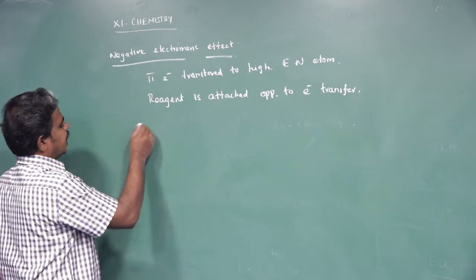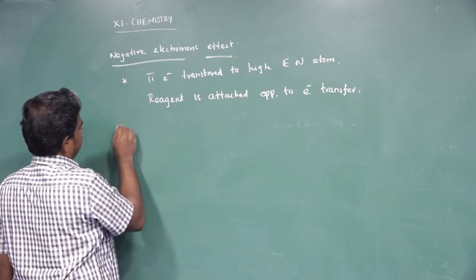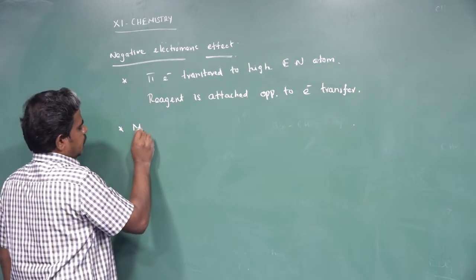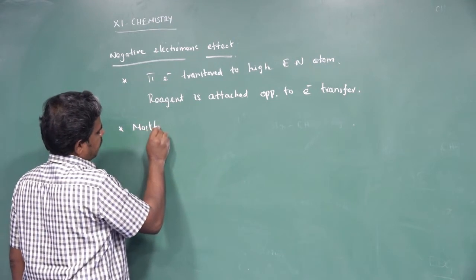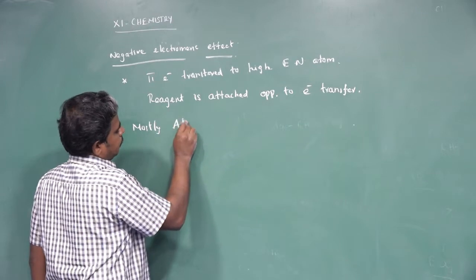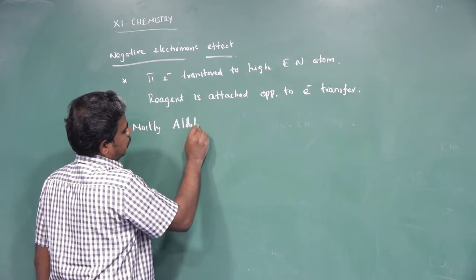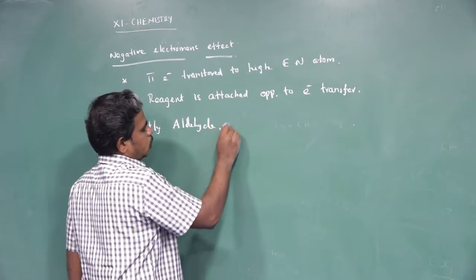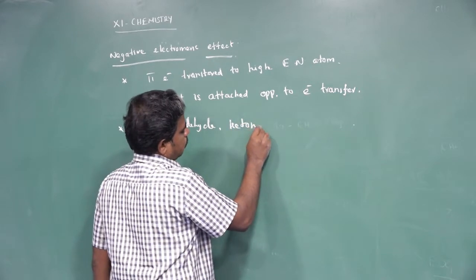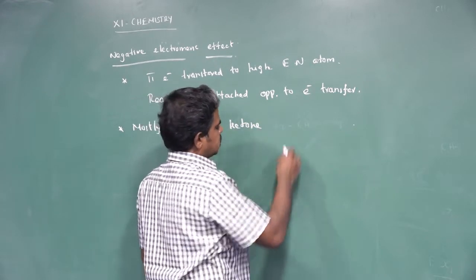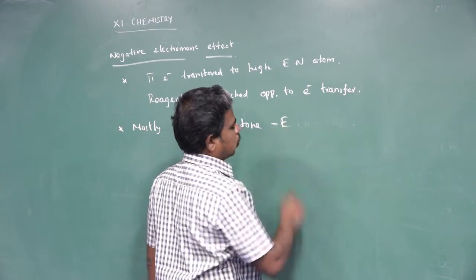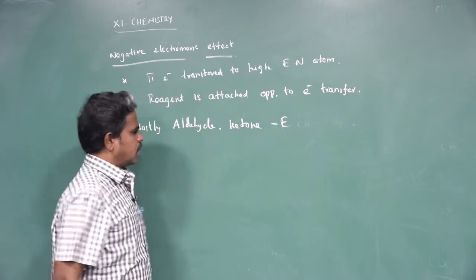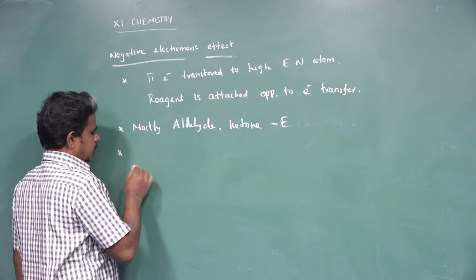Now we may take an example. Here mostly aldehyde and ketone follow negative electromeric effect. We have taken the aldehyde.